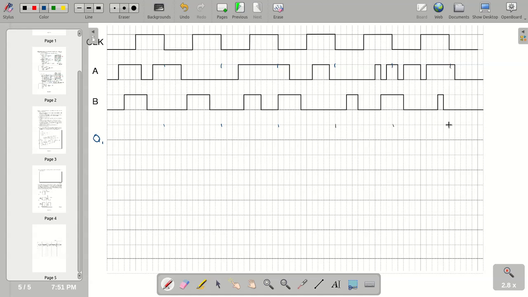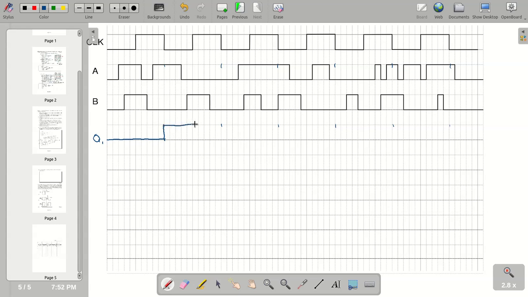Okay, let me mark this over here. At these points we need to read. Initially the input is low, so the output just stays low, and then at the first falling edge the input is high, so it goes high. I'm just going to draw this without a timing delay, and then we'll figure out the timing delay later.